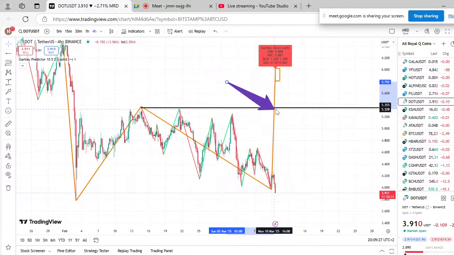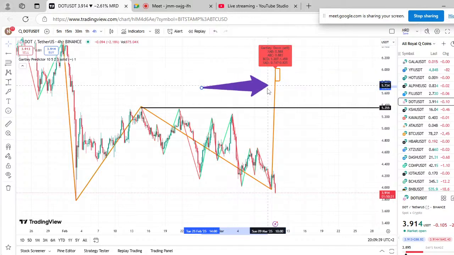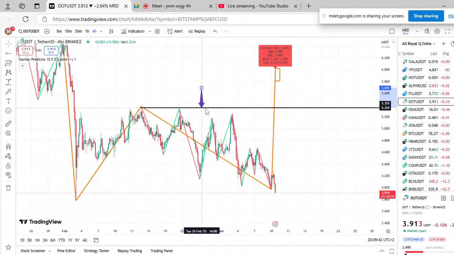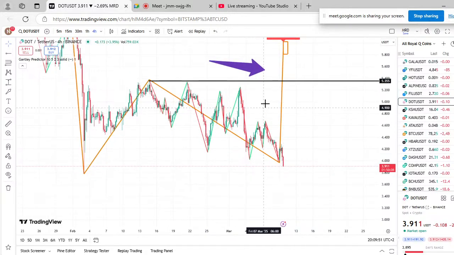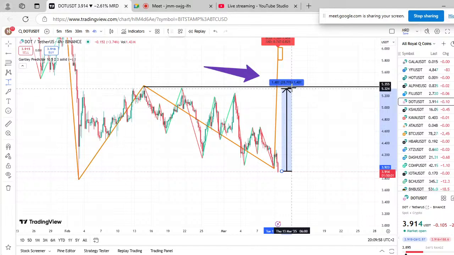Even though the predictor is telling us that this market will soon pump and reach this level, you don't need to trust it 100%. What you do, you apply what we call price action. Are we together? Meaning this line is the resistance line, and we believe when this market is rising, it will definitely respect the line. So from here up to here, you will have collected 36%.